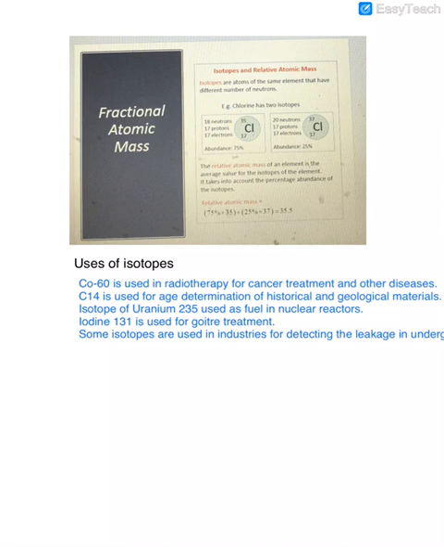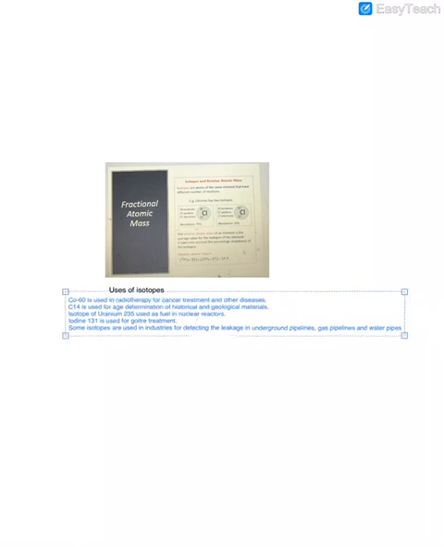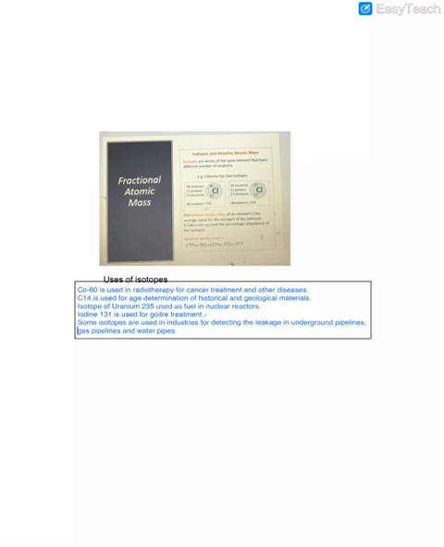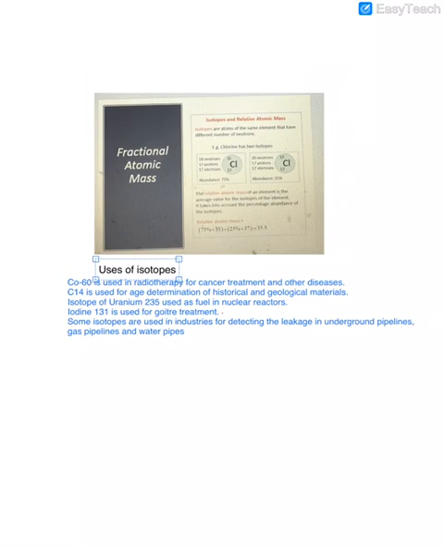Isotope of uranium-235 is used as fuel in nuclear reactor. Iodine-131 is used for goiter treatment. Some isotopes are used in industries for detecting the leakage of underground pipelines, gas pipelines and water pipes.